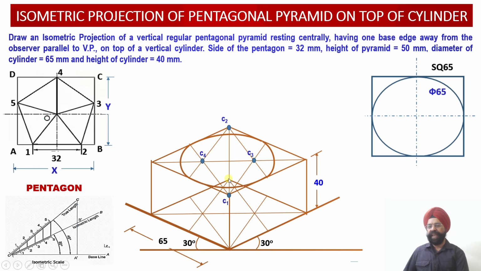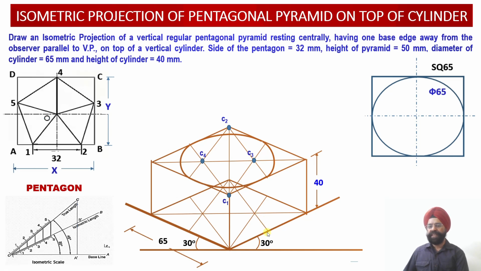Similarly, from the second corner of this minor diagonal, again a projector has been drawn which is going to join the midpoint of the opposite edge on one side. Similarly, on the other side, this is my second edge and this is the midpoint. So I am going to join this corner with the midpoint of this opposite edge as well.